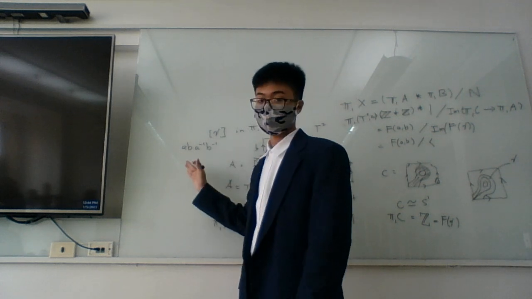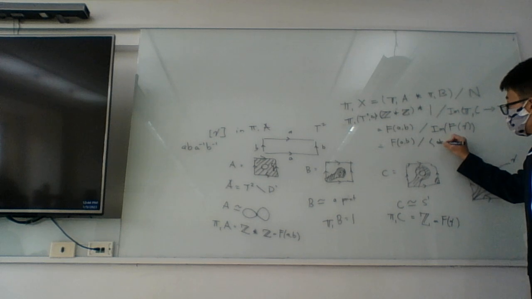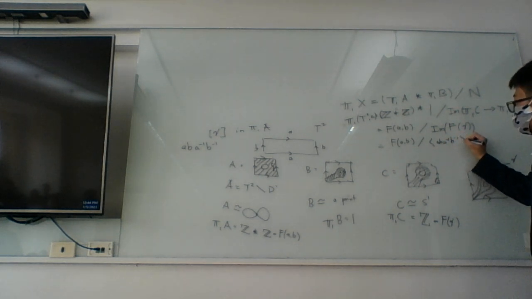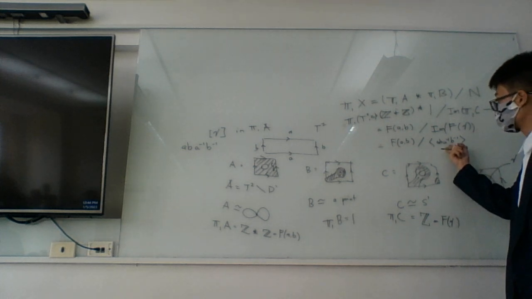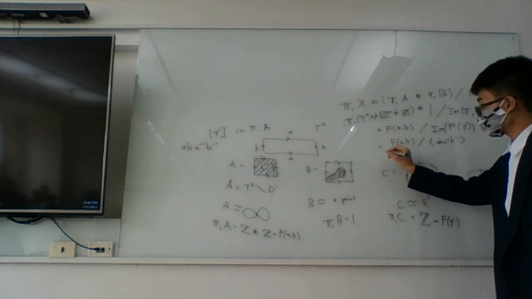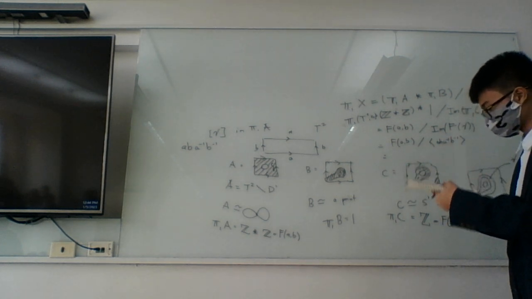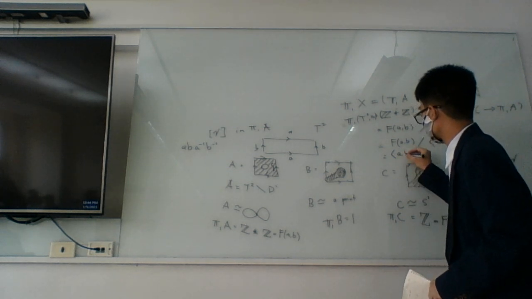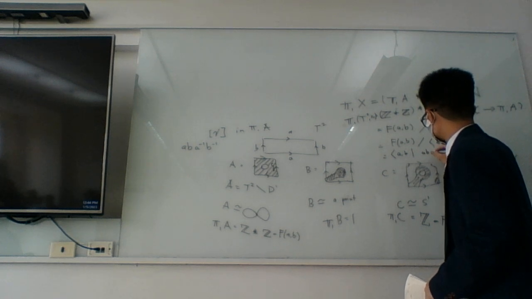This gamma generates a group, and it's represented by a, b, a to the minus 1, b to the minus 1. And another way of presenting this group is, of course, all elements a, b such that it satisfies this rule.